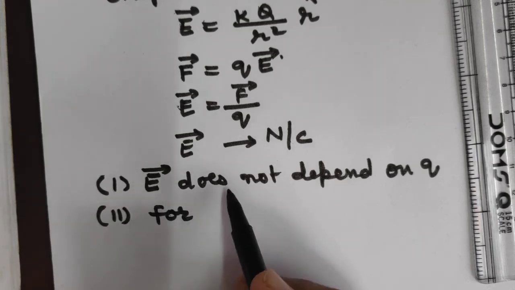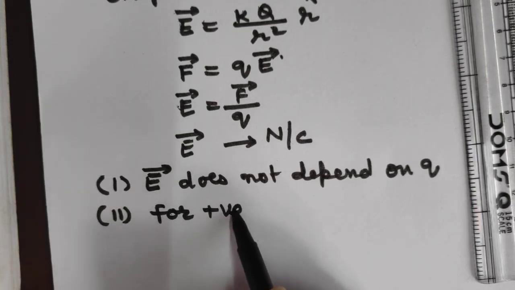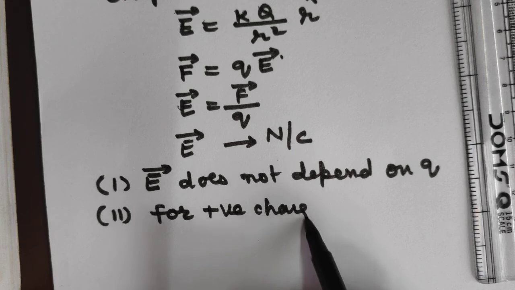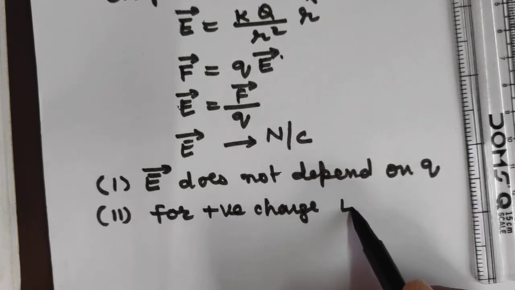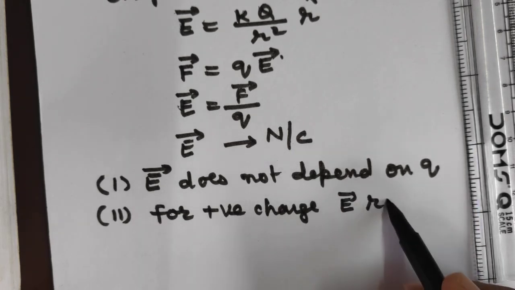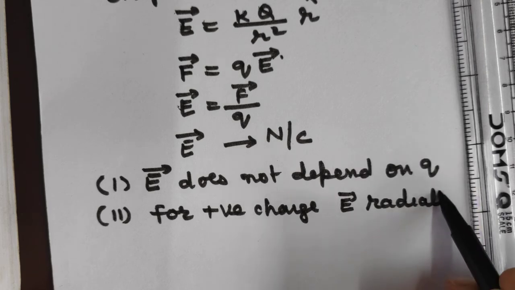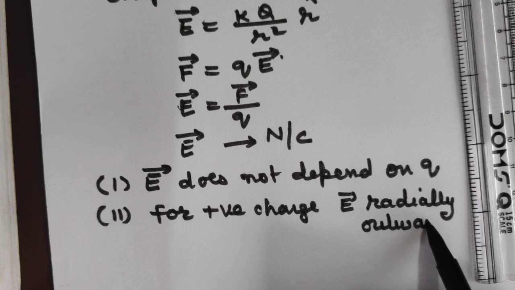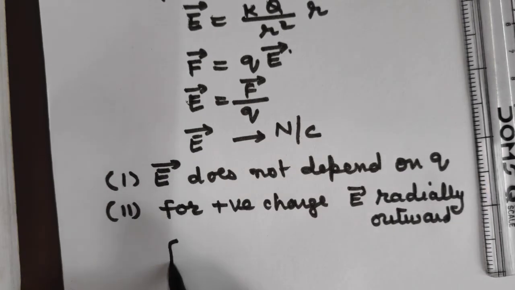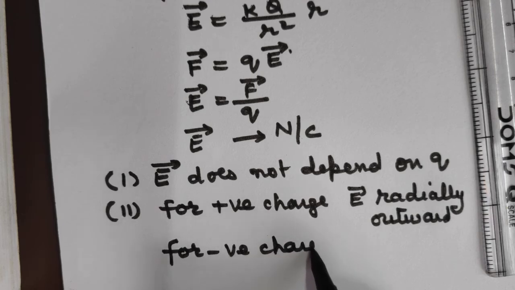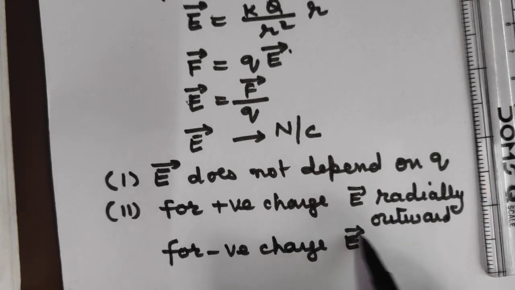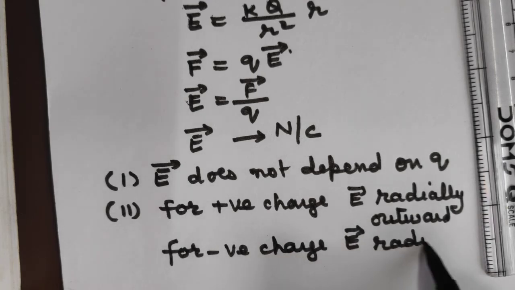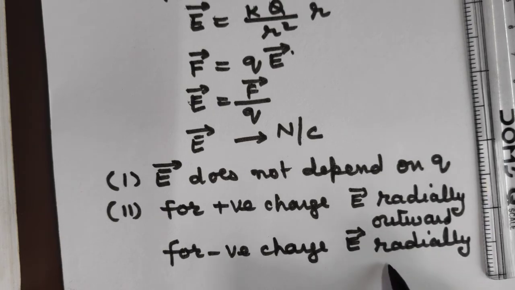So for a positive charge, the field is radially outward. For a negative charge, the field is radially inward.